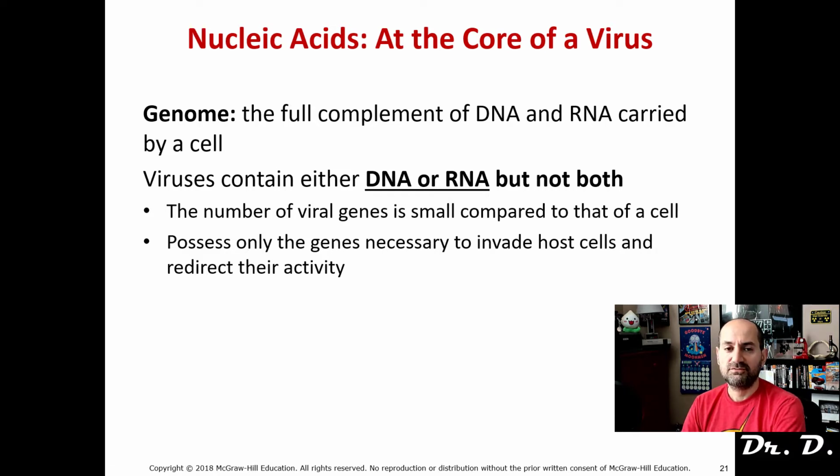Think about this. If you're a living organism, meaning a bacteria, archaea, eukarya, human, whatever, we all have only double-stranded DNA genomes. Does that make sense? Whereas viruses can have a multitude of different genome types.